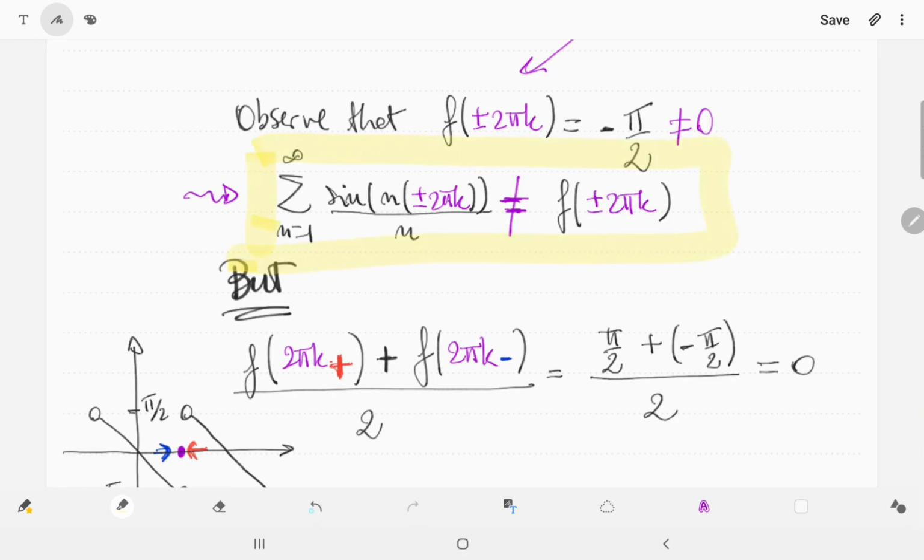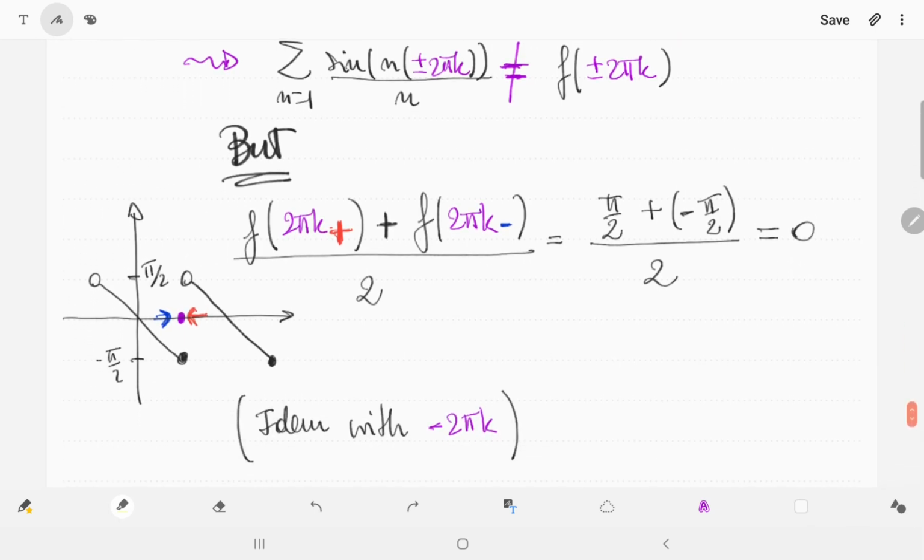The Fourier series representation is not equal to f in these points. But there is good news, because this 0 comes from the following: it's the average between the right and the left limit in these points.